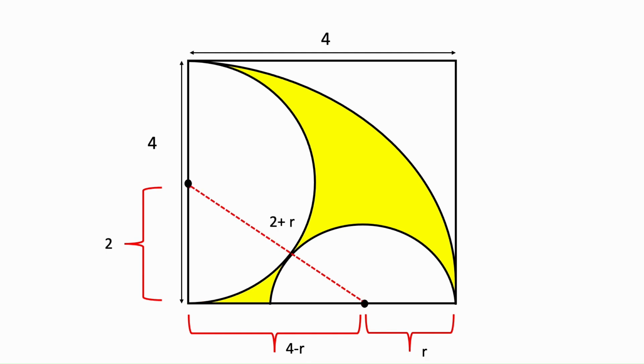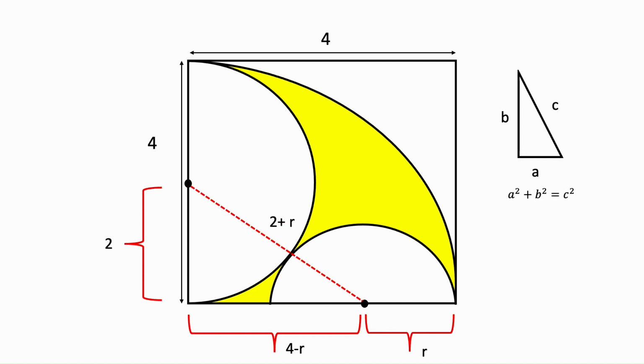As we can see, if we draw the line from the center of one circle to the other, we know this part because it's the radius of circle 2, so it's going to be 2. And we know this part. We assume it is r. It's again the radius of circle 1, so it's going to be r. So the whole line is going to be 2 plus r.